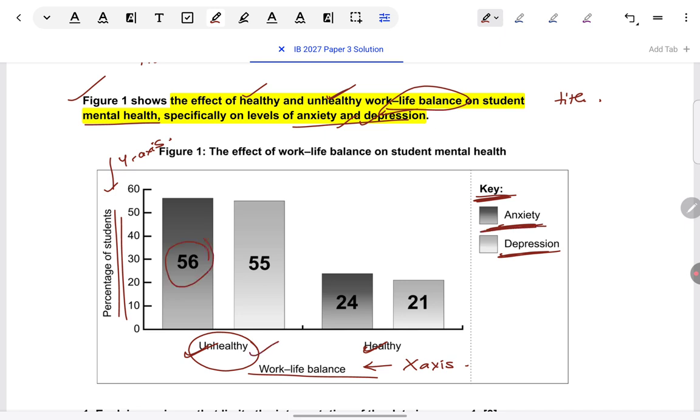Those who have unhealthy work life balance, again, their percentage of depression tends to be 55%. In the same way, now I will read healthy work life balance. Those who have healthy work life balance, their percentage of anxiety tends to be 24%. And those who have healthy work life balance, again, their depression tends to be 21%.